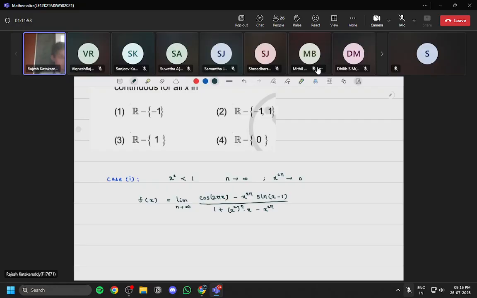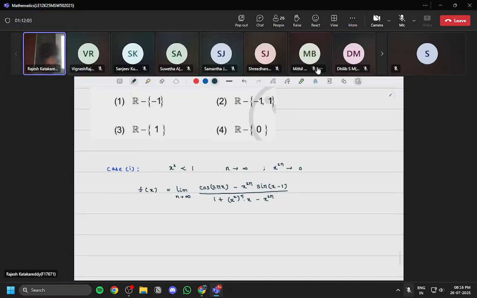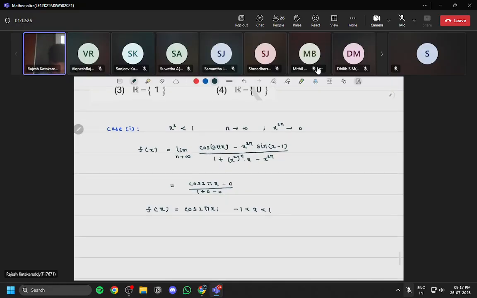It is a decreasing function, and at infinity the function is very close to the x-axis, y equals 0. Now this becomes cos 2 pi x minus 0 by 1 plus 0 minus 0. Function f of x is cos 2 pi x whenever minus 1 is less than x less than 1. This one is clear. Next, the second case.